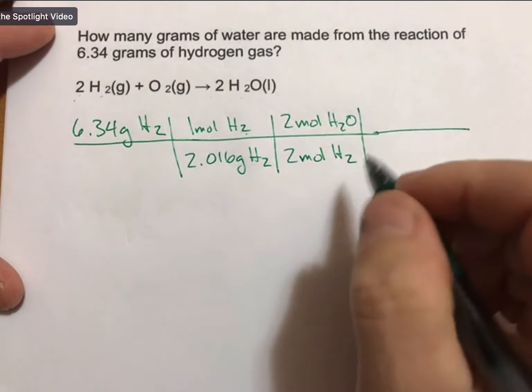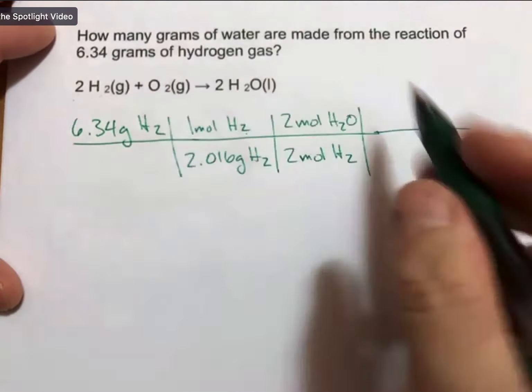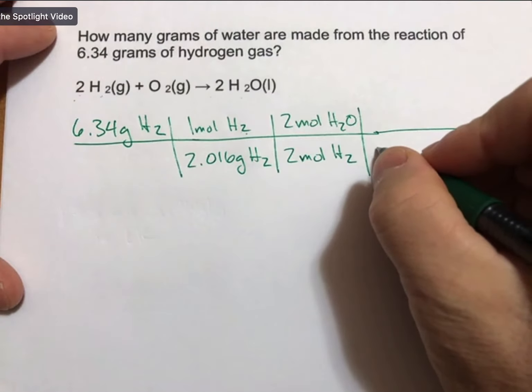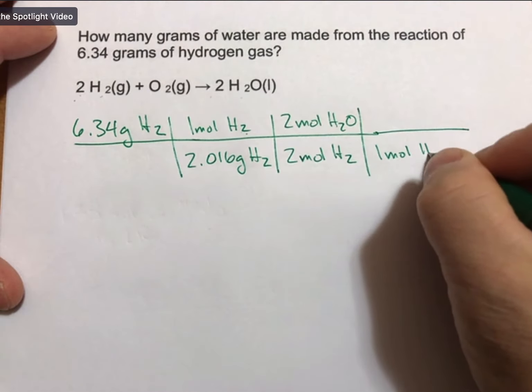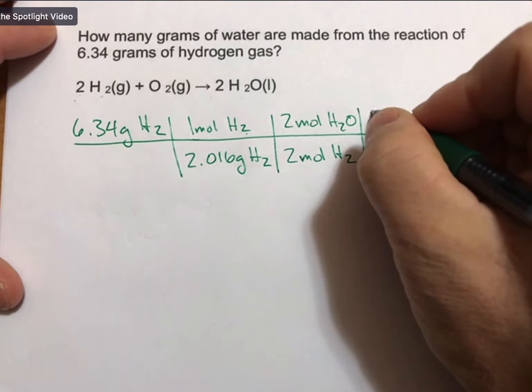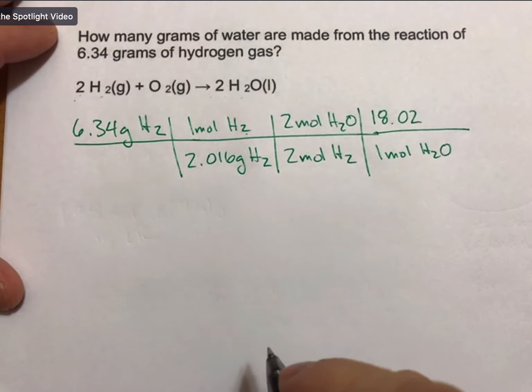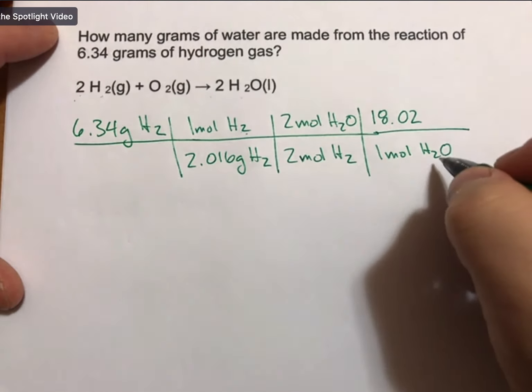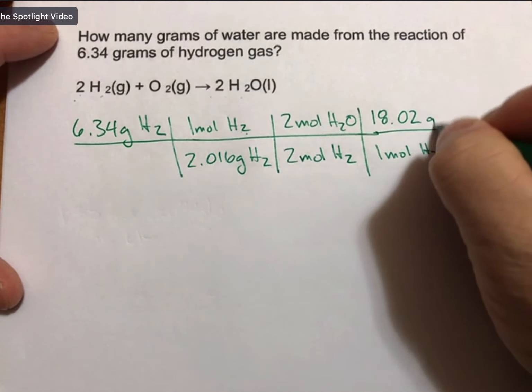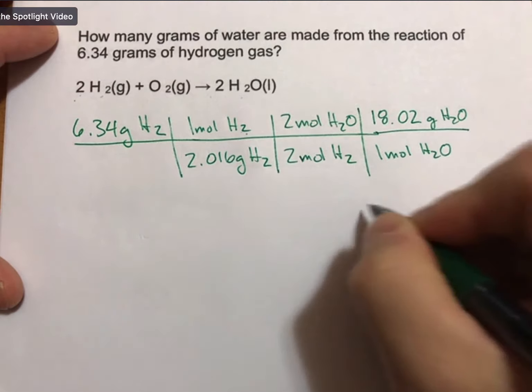And then I will turn that into grams of H2O, grams of water, using the molar mass. Looking it up on the periodic table, 1 mole of H2O is equal to 18.02 grams of H2O.